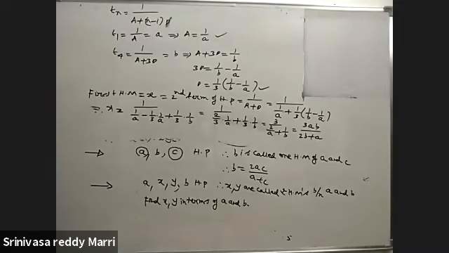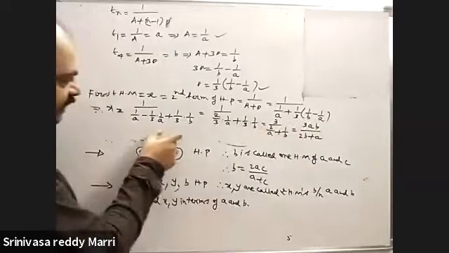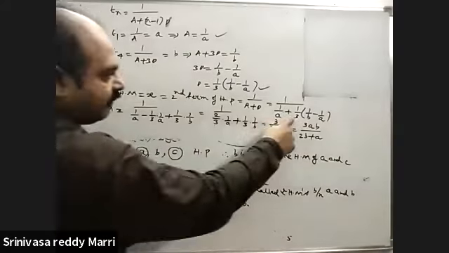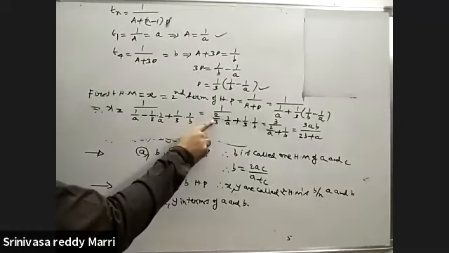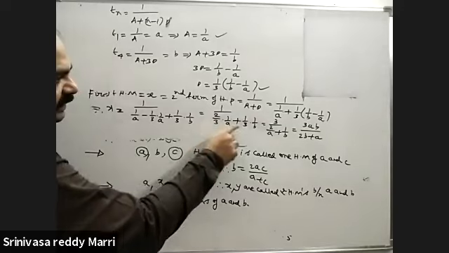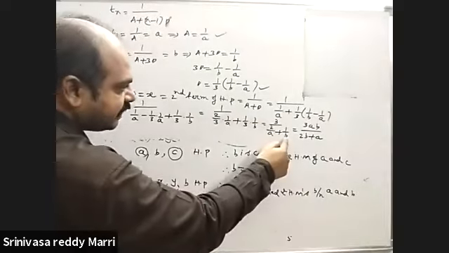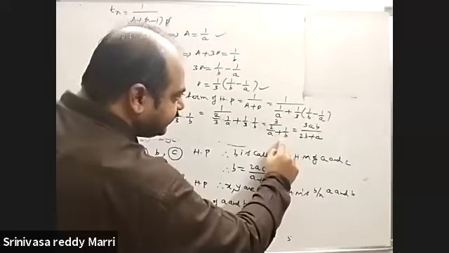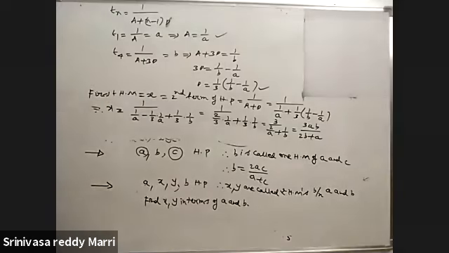Look here: 1 by a minus 1 by 3a, this 1 by 3b, 1 by a common, 1 minus 1 by 3 is 2 by 3. The 3 comes up, and taking the LCM ab, we get 2b plus a. So this is the first harmonic mean in terms of a and b.